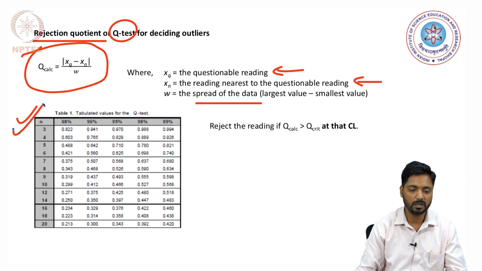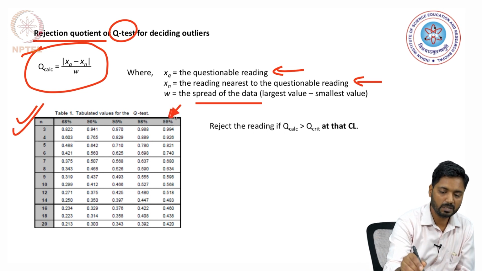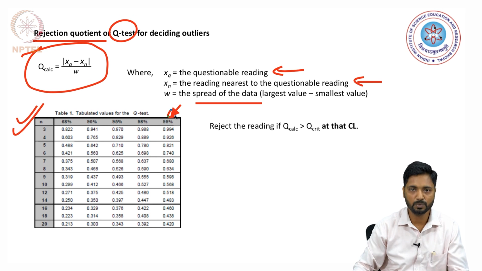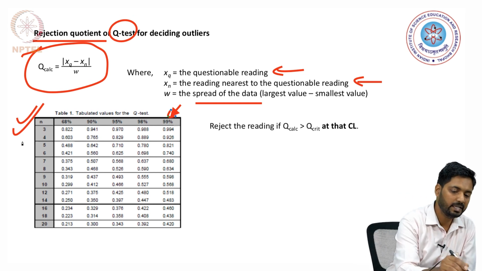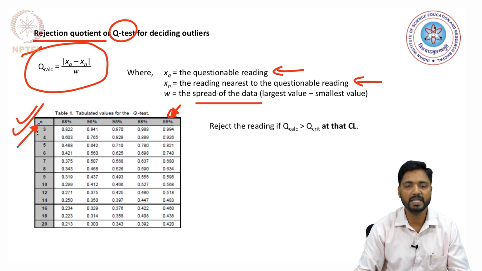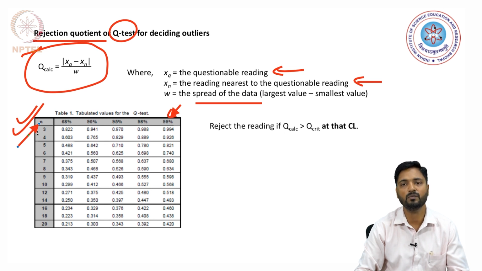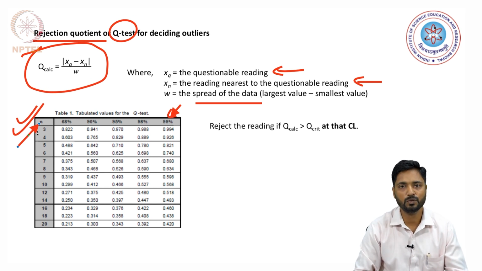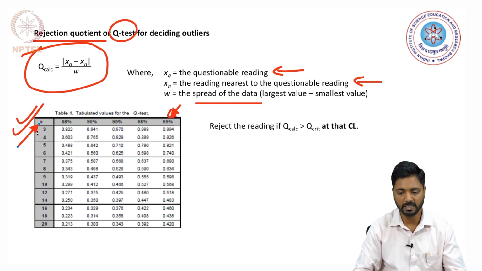So, the Q table again lists the confidence level with which we can report the results, and it also talks about the number of readings in a data set to choose a critical value of Q. So, to rephrase, a critical value of Q will depend both on the confidence level with which we want to state our result or conclusion and the number of readings present in a data set.